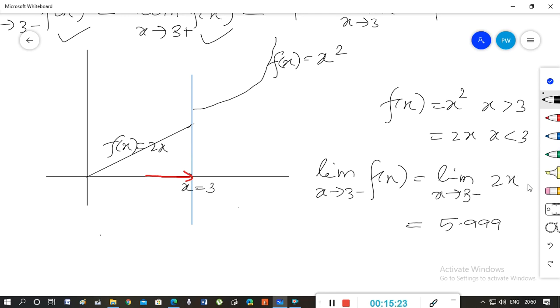I chose the value of x near to 3 to the left of 3, around 2.99. Let's not try to be accurate with the calculation, but all I should say is it will be less than 6.